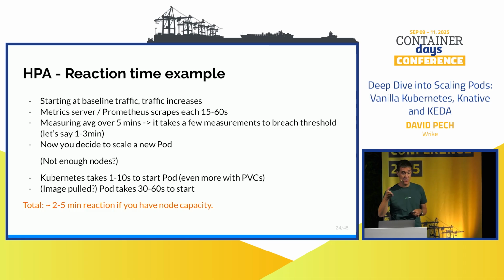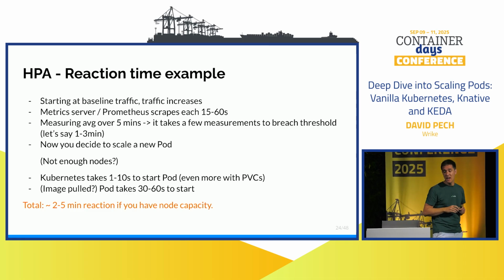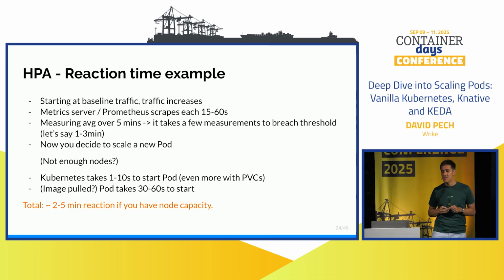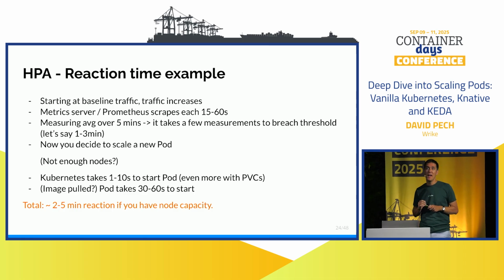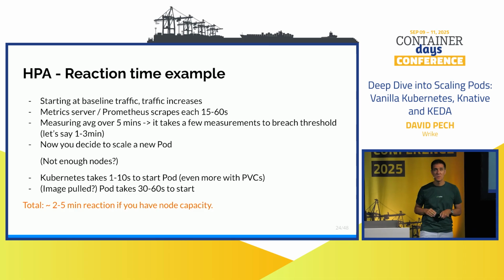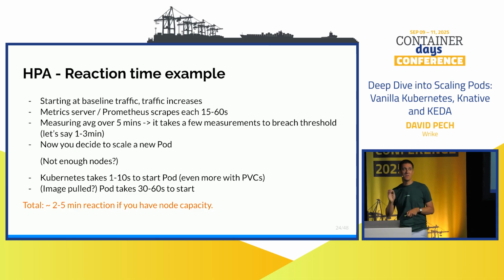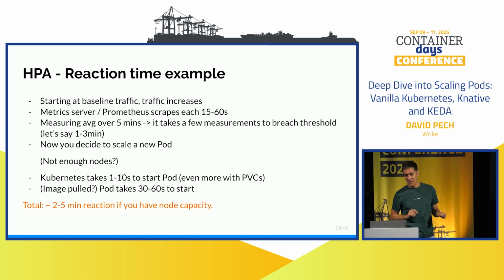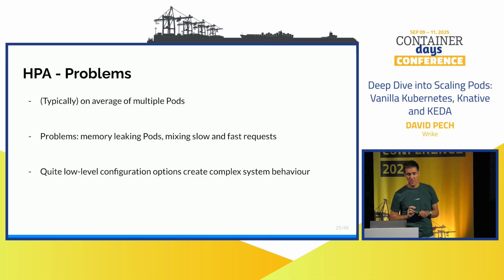It takes some time. The pod needs to be scheduled, the image probably needs to be pulled, maybe it's pre-pulled, okay, but still your pod needs to start up. So you will probably have the reaction in 2 to 5 minutes. And you won't catch the traffic spike that probably already happened and is not there anymore. This is very typical, I would say.